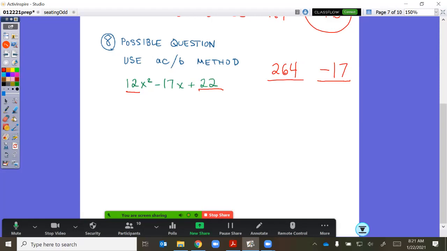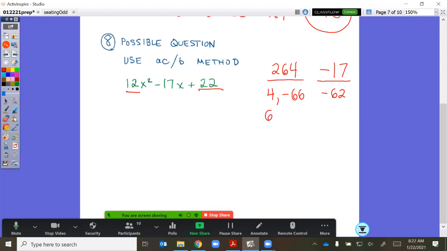Did you try 4? Is 4 going into 264? So you pick up your calculator and try 4. So 4 and 66, that's still real. 4 times 66 is 264, and that would give me -62, so no. How about 6? Is 6 going in evenly?